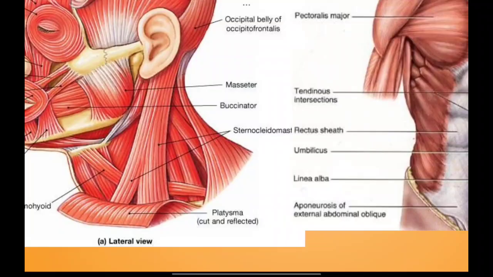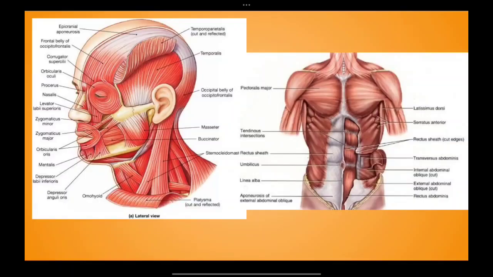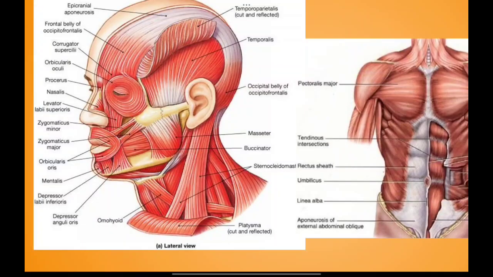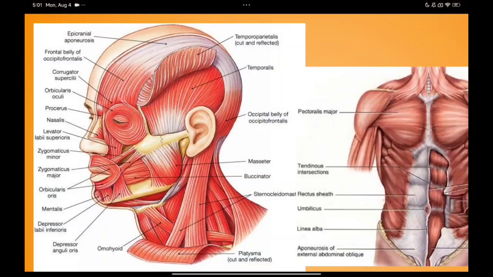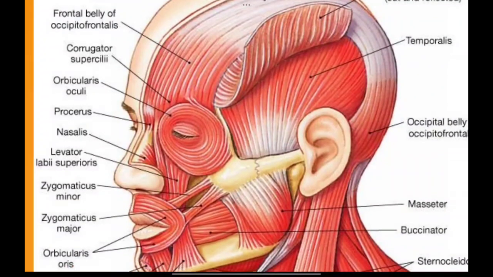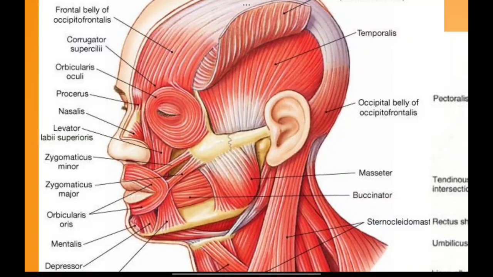There are various other muscles also given in the diagram. You can go through each of the muscles present in this diagram and learn the different muscles present in the head and neck. So firstly, epicranius, then there is the frontal belly of occipitofrontalis, then corrugator supercilii, orbicularis oculi, procerus, and nasalis, levator labii superioris.